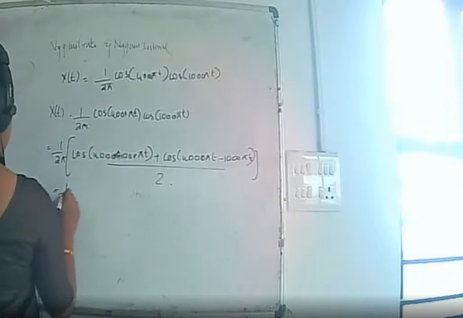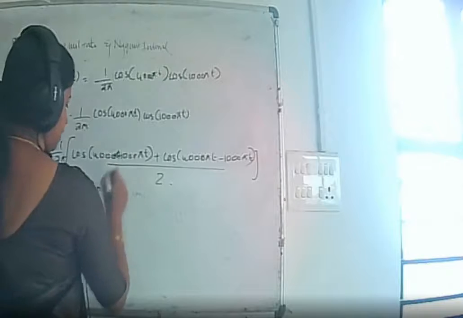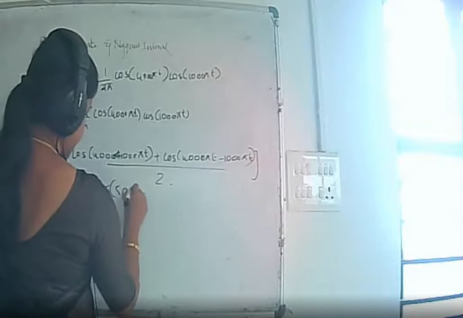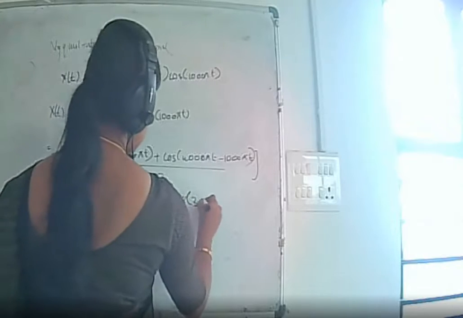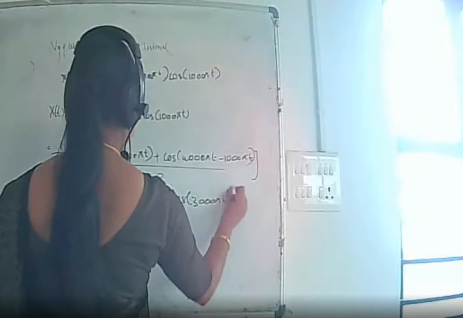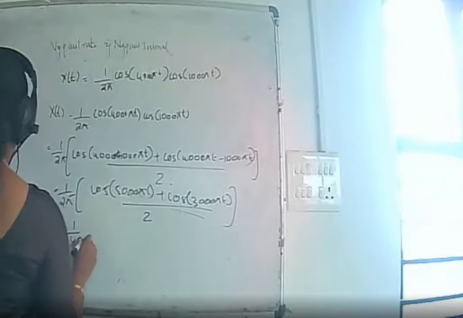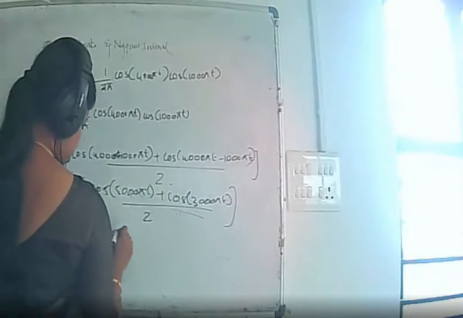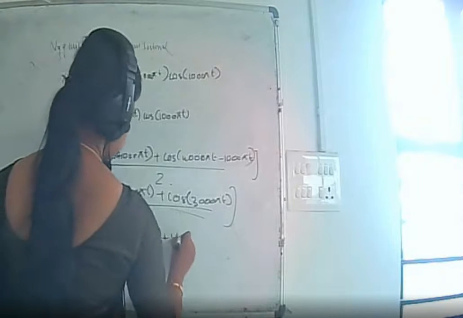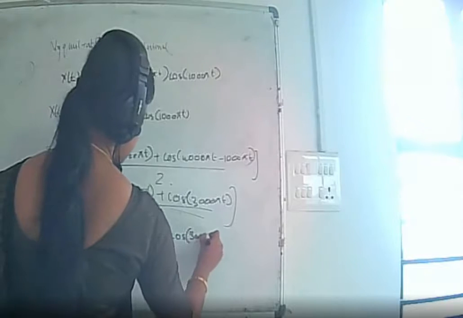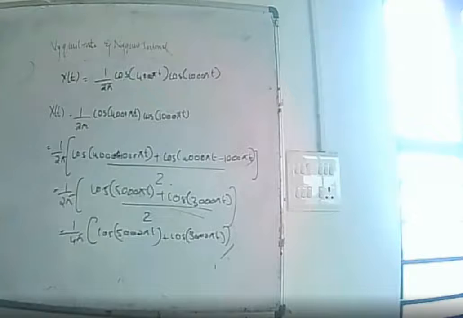From here we get 1 by 2 pi into 1 by 2 of cos 5000 pi t plus cos 3000 pi t, which is nothing but 1 by 4 pi of cos 5000 pi t plus cos 3000 pi t.